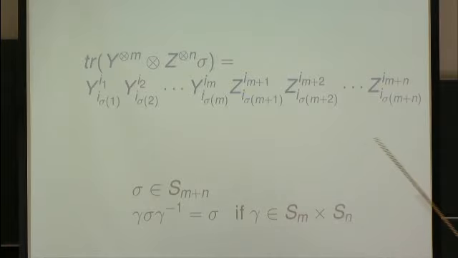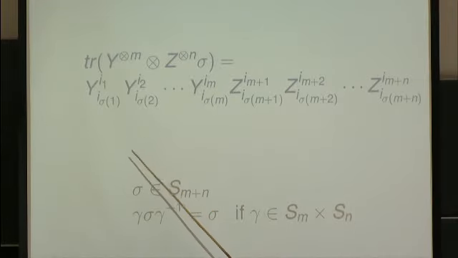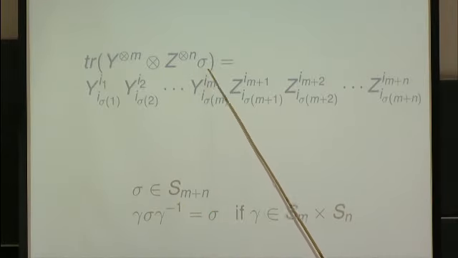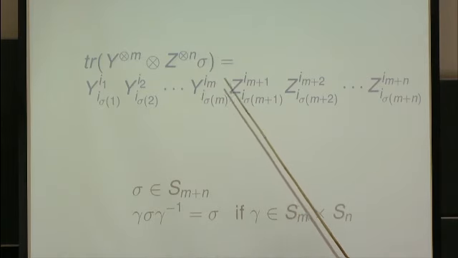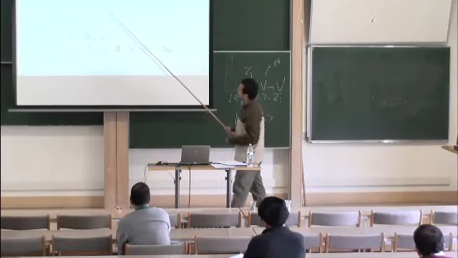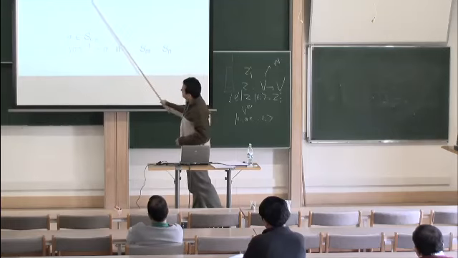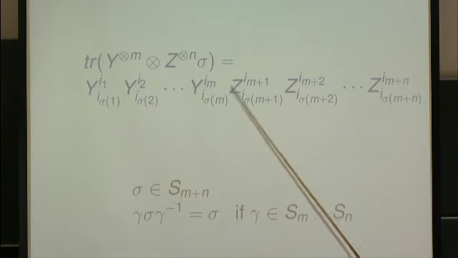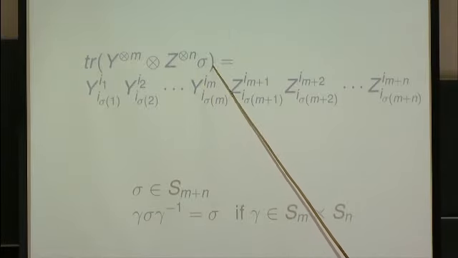Now, it's interesting to think about when do two permutations give the same operator, because there is no one-to-one correspondence between the operators and the permutations. The number of permutations is very simple, it's (m+n) factorial. The number of operators is a bit more non-trivial, and that's because some permutations give rise to the same gauge invariant operator, and that happens if you conjugate this sigma, gamma sigma gamma inverse.